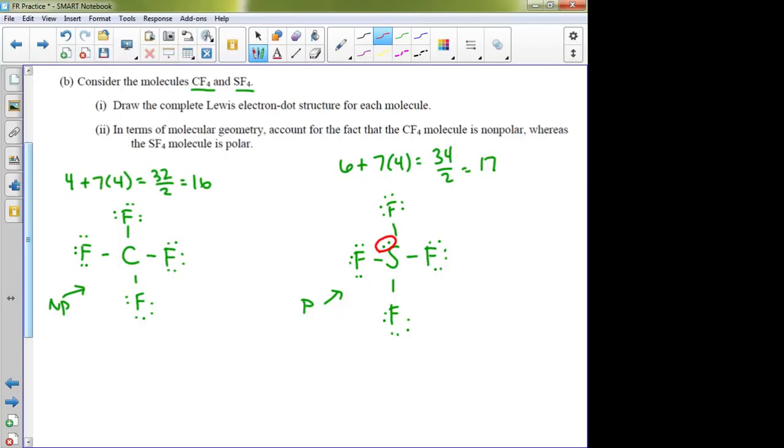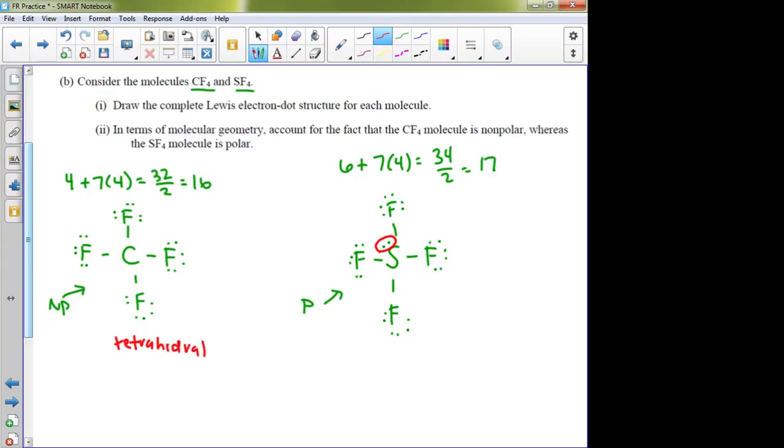Now remember, we said if the charge is evenly distributed, what happens to the polarity of the molecule? It goes away, right? Do you agree? Right. So here on the carbon, what shape is this molecule? Tetrahedral. That's what I was going to say.